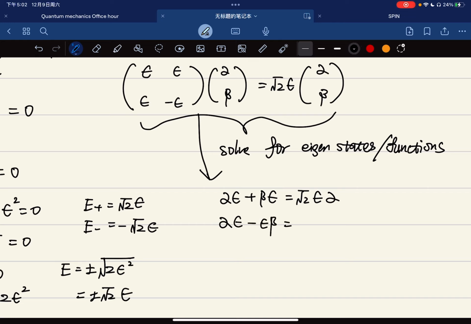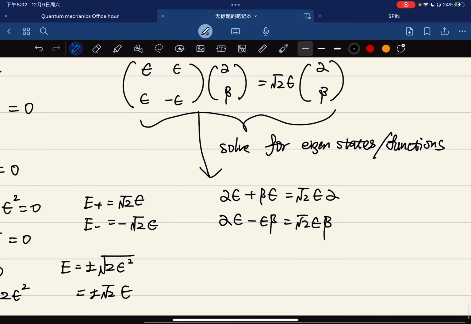Minus this is equals to square root of 2 this. Okay, and if I cancel the small e, I forget the name of the small e, but I would just call it small e. Cancel out. So now I have this.